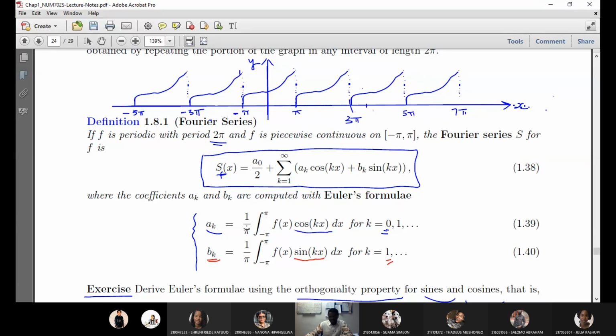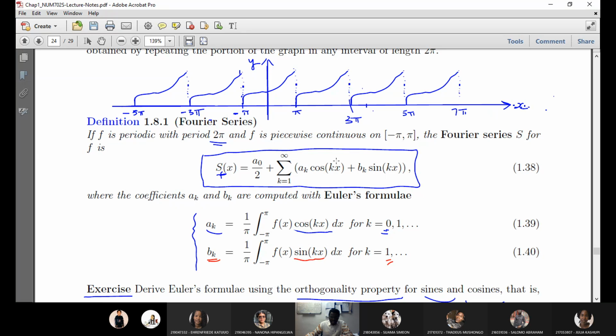Now, in terms of the range of k, here in the expansion of the Fourier series, A0 is isolated, right? So your k will run from 0 to infinity, and you take all the values, including this A0.